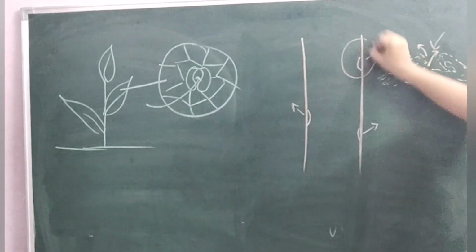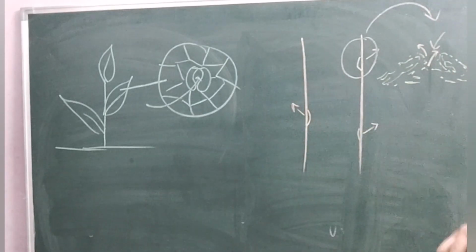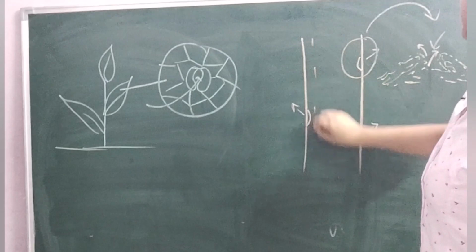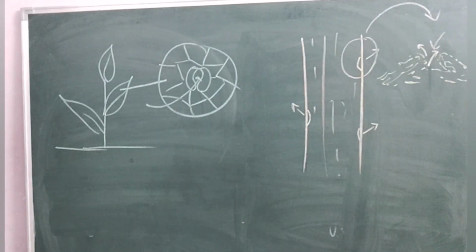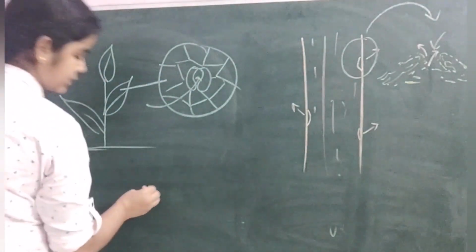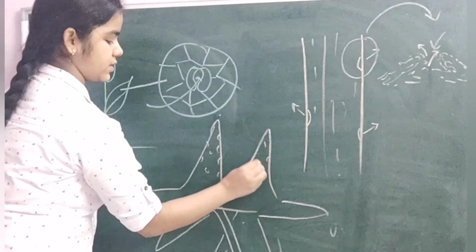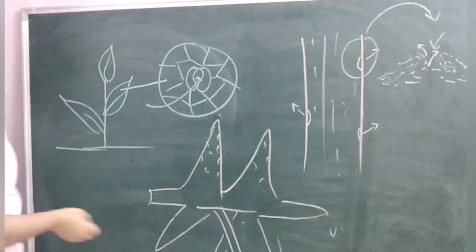Now we have seen the leaf and lenticel. You know that roots also do exchange of gases. When it is about roots, you have very small pneumatophores, okay? So these are the places through which the roots respire.